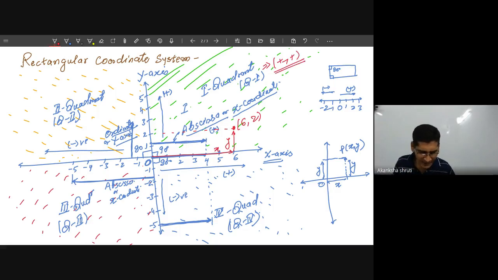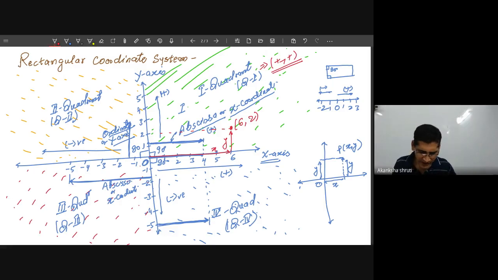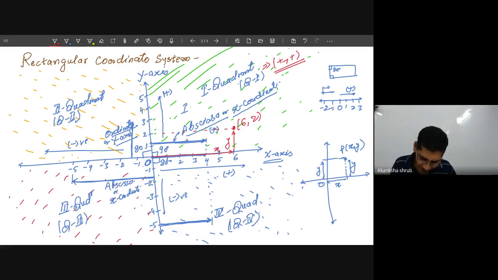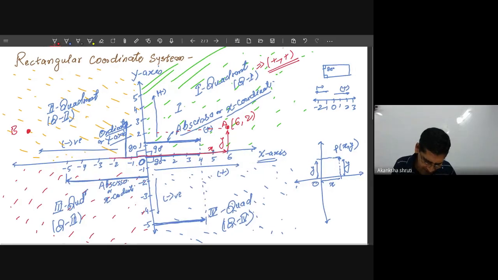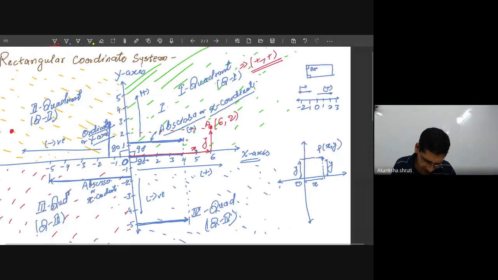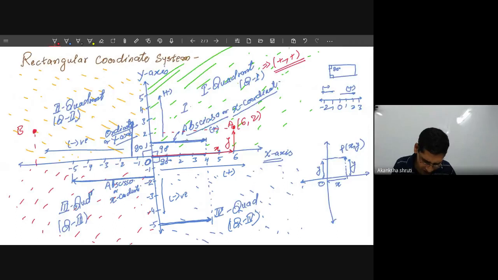Similarly, applying the same concept for quadrant 2, here we get x negative. Say we have to reach this point. How can we reach this point? Let me take this point as A, this point as B. For reaching this point, first I have to move along the x-axis, just below this. So this much I have to move.